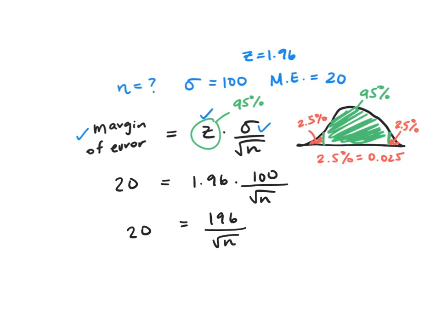And then I can multiply both sides times the square root of n, so that these cancel.